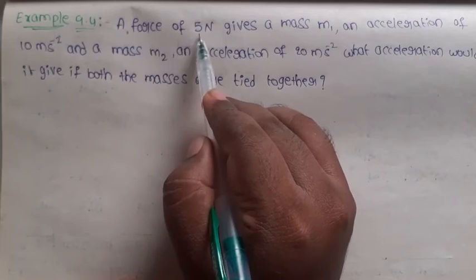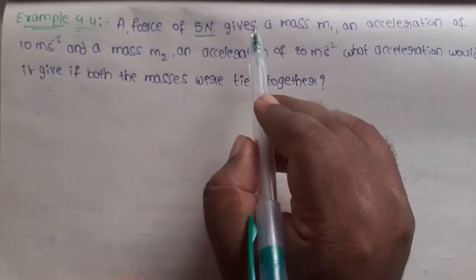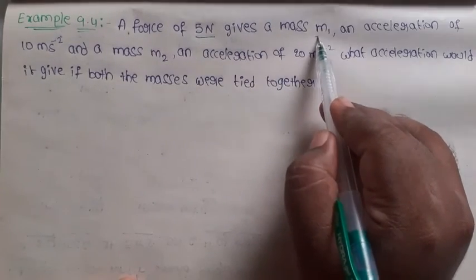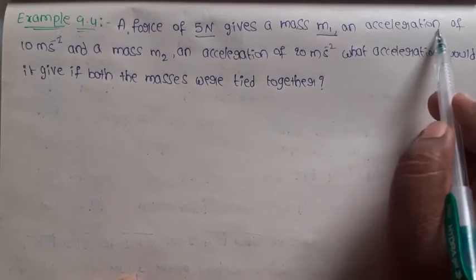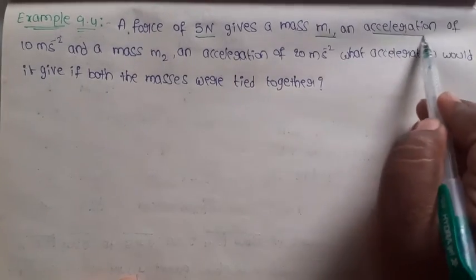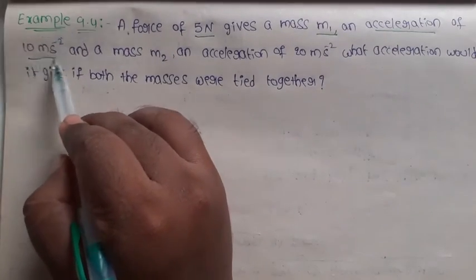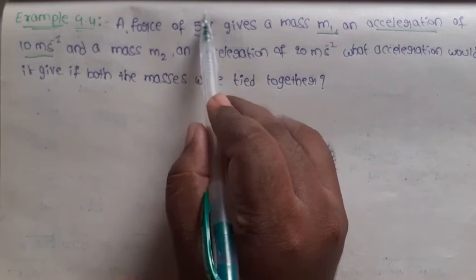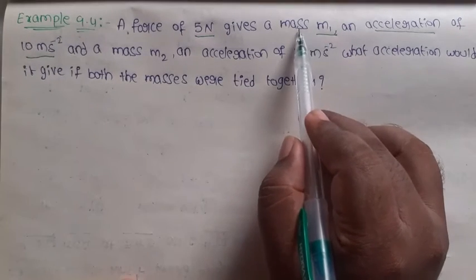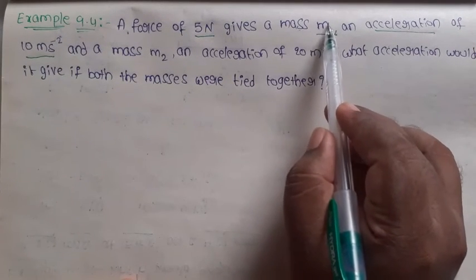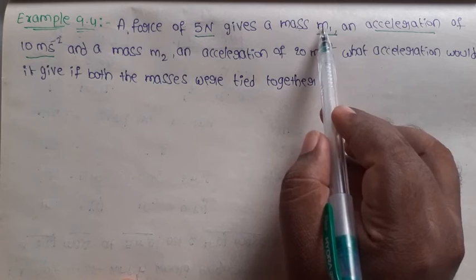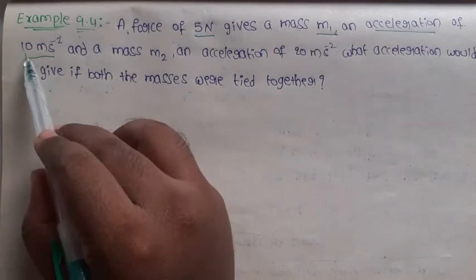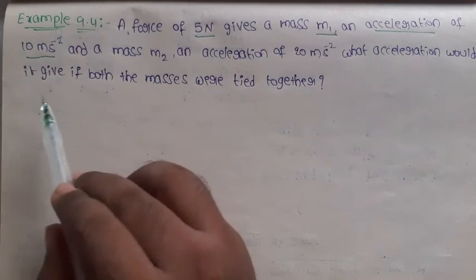A force of 5 Newton gives a mass m1 an acceleration of 10 meter per second square. Here a force of 5 Newton acts on an object of mass m1. The mass of the object is not given, but it produces an acceleration of 10 meter per second square.